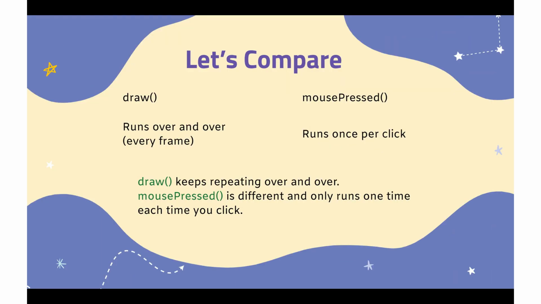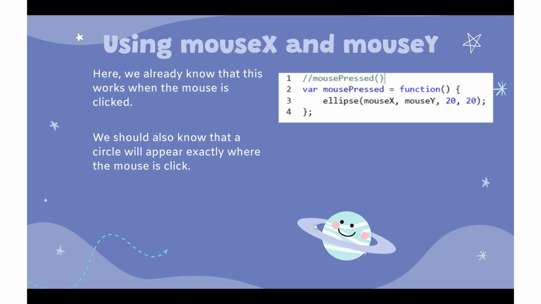The draw function keeps repeating over and over by itself, while mouse pressed only runs once each time you click it. And using mouse X and mouse Y inside this function, when you press on the area, it will draw an ellipse where your mouse is.